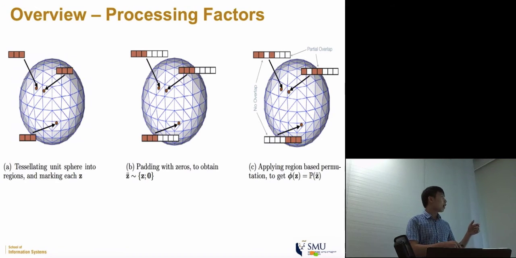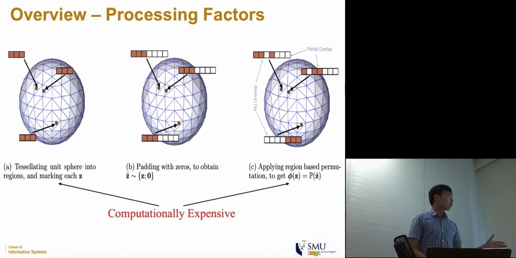So you have the dense vector, you add more zero values to the end, and then you apply the permutation to get the sparse vector. So now you go from dense vector to sparse vector, from k-dimensional to p-dimensional. But we have a problem.